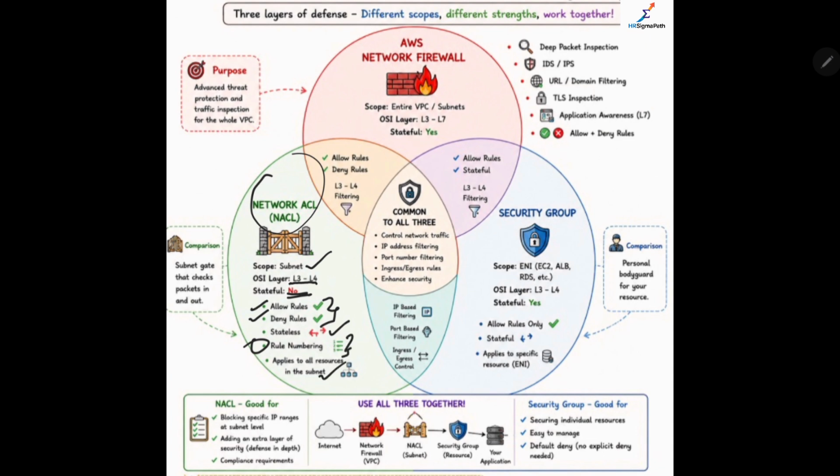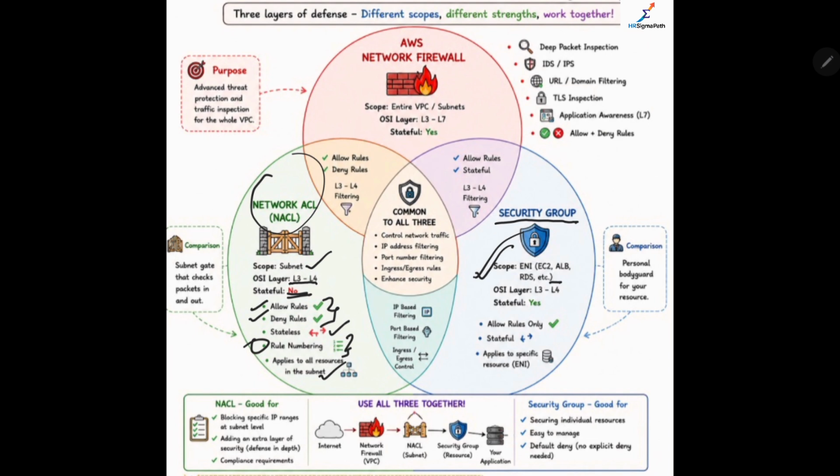Now let's move to the blue circle, which is security groups. It protects individual AWS resources instead of the entire subnet. These resources include EC2 instances, load balancers, RDS databases, and other services with elastic network interfaces.